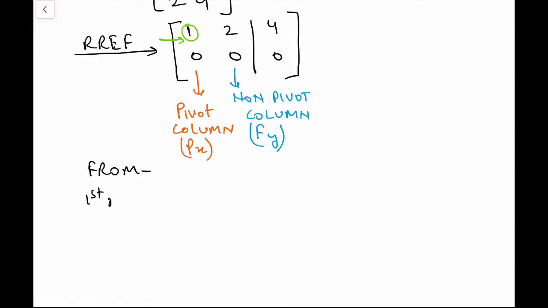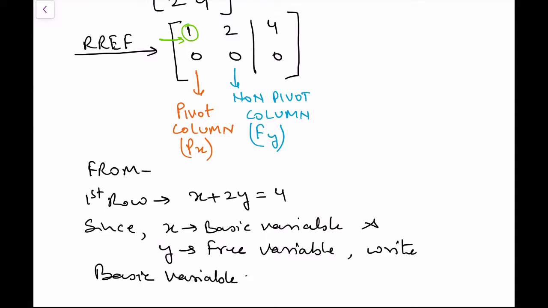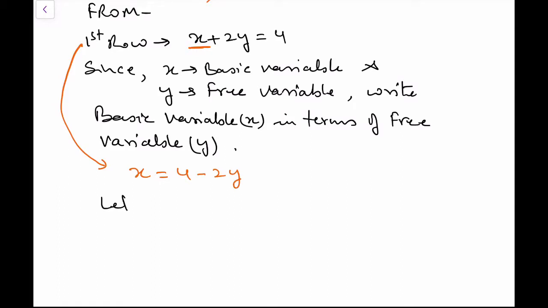So from the first row we will get x plus 2y is equal to 4. Now since x is a basic variable and y is a free variable, write basic variable x in terms of free variable y. So from row 1, x will be 4 minus 2y.